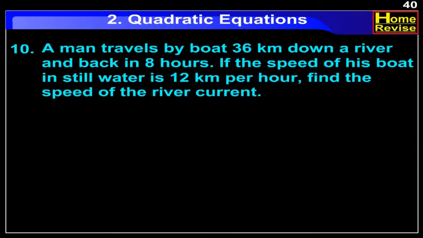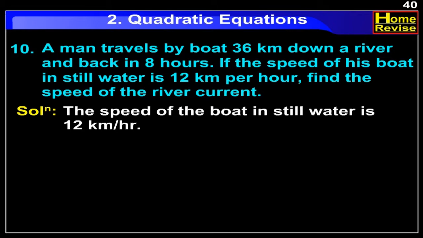A man travels by boat 36 km down a river and back in 8 hours. If the speed of his boat in still water is 12 km per hour, find the speed of the river current. Solution. The speed of the boat in still water is 12 km per hour.